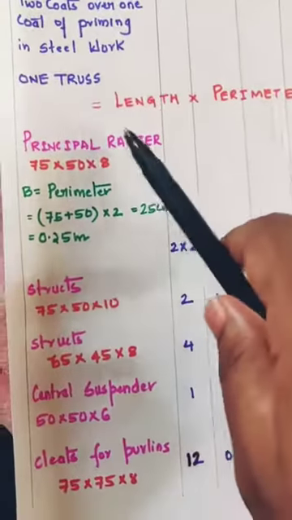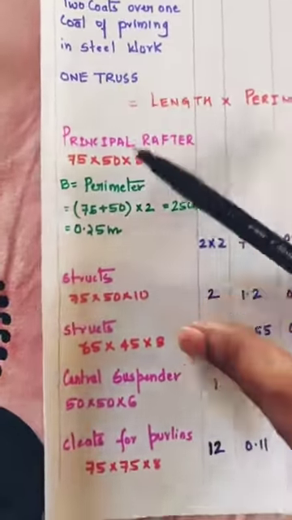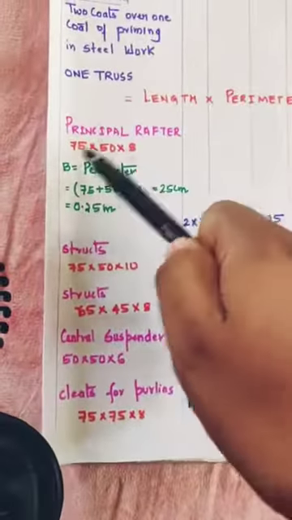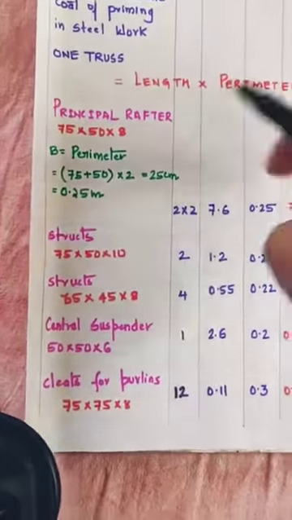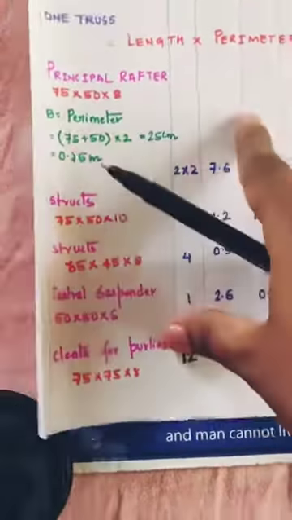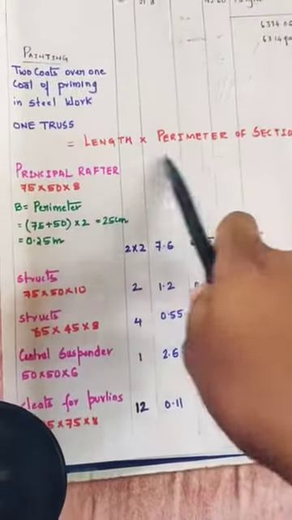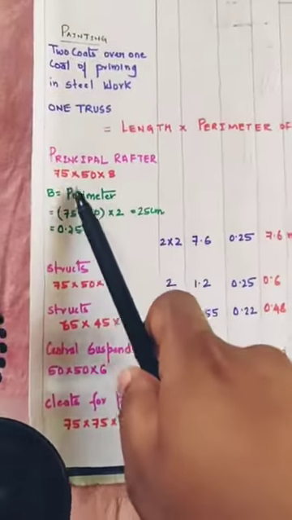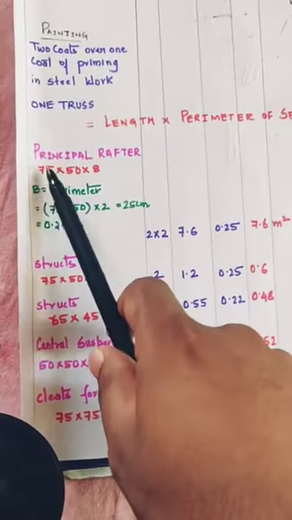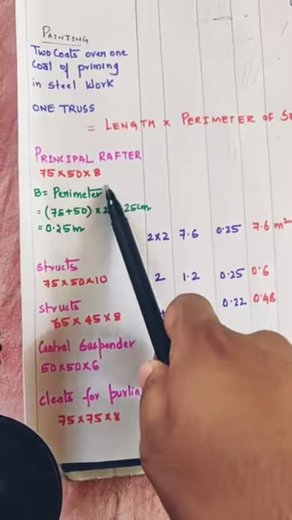So if I take the principal rafter, listen to this carefully, I am going to explain only for this, the rest I'll just go through. Truss length into perimeter of the section, this is what I explained with the figure. Principal rafter is size 75 by 50 by 8.